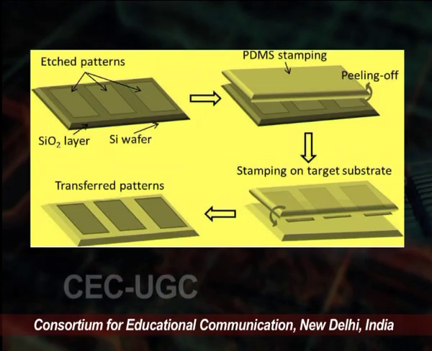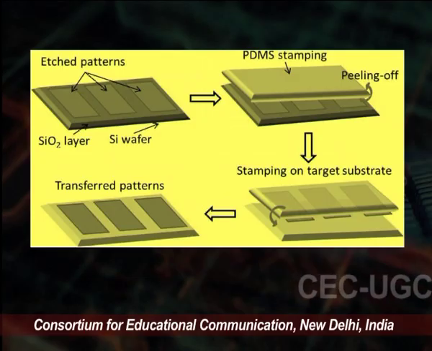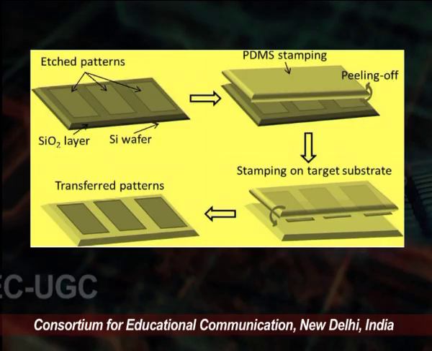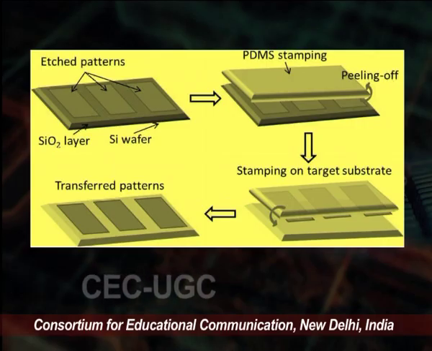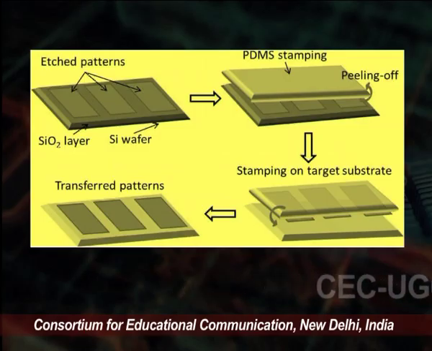From the stamping we can transfer the pattern onto the substrate and finally get the various electronic devices on the substrate. So, this is the method where we can get the circuits by using printing technology.